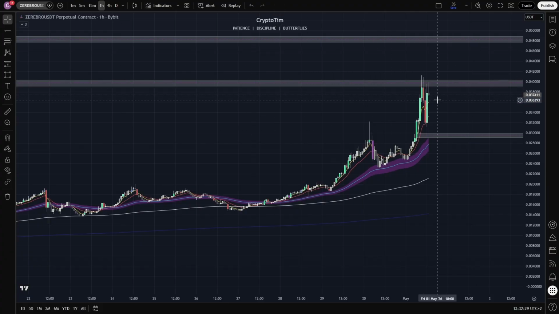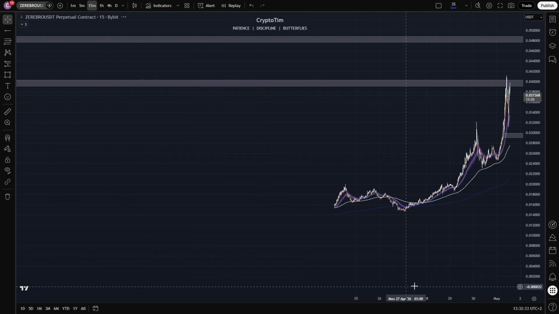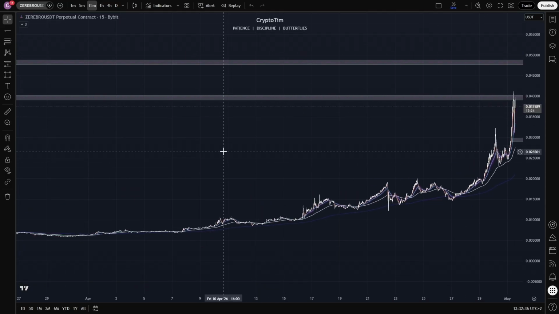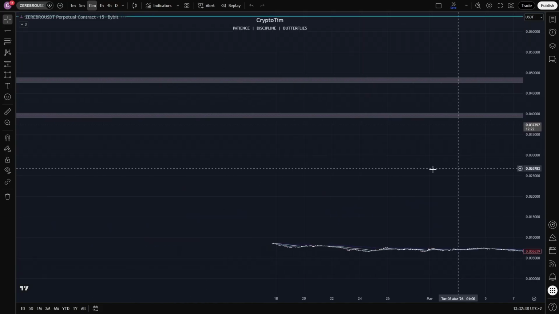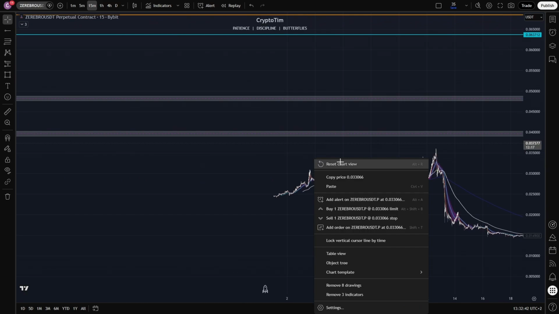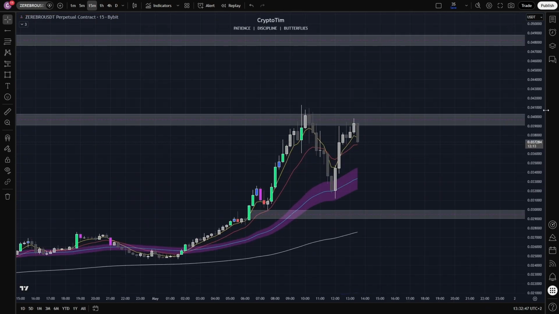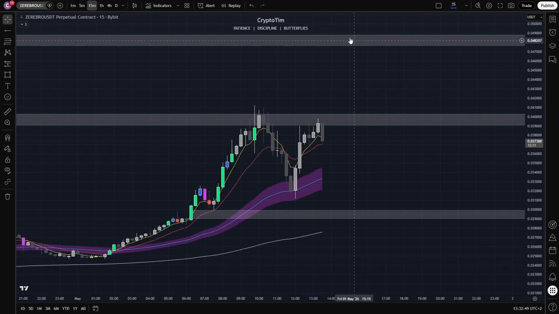This one got nicely recovered. We can see we had a nice bounce from there. Let's see if we can go back down this far on the 15. I doubt it, but we don't have this information anymore on the 15-minute time frame. So these are the two zones we're working with.